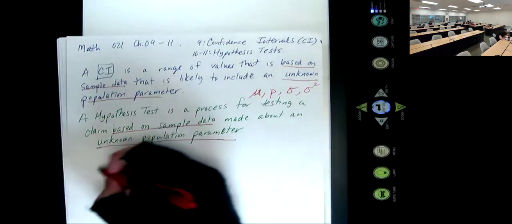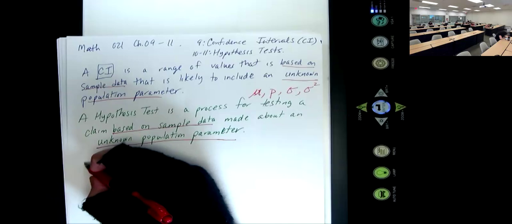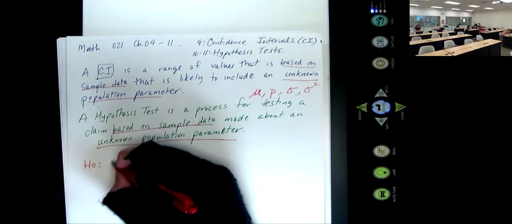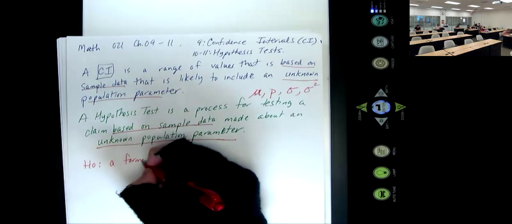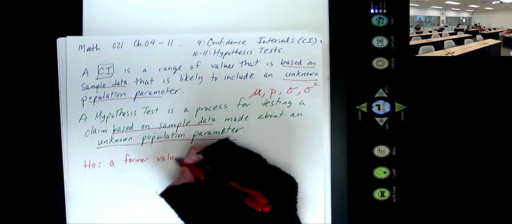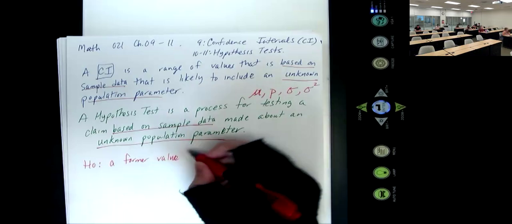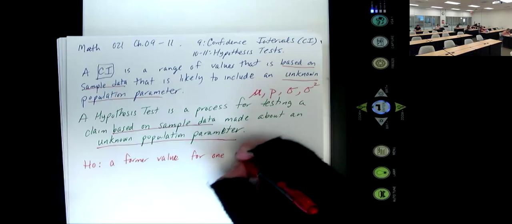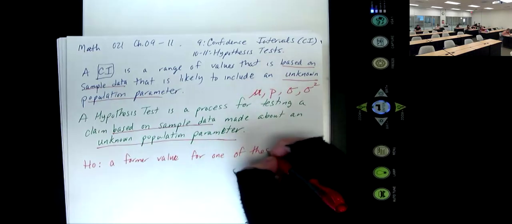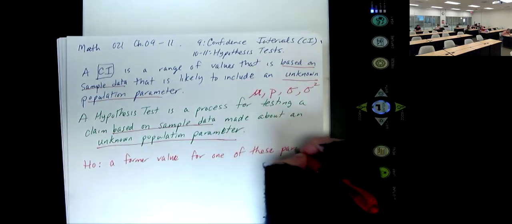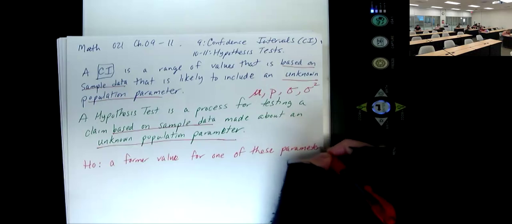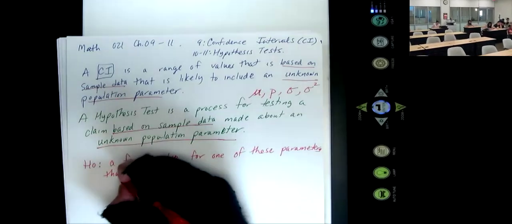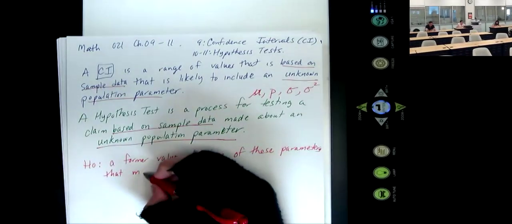The hypothesis test includes an H naught, which is a former value for one of these parameters that we think is wrong now, that may be inaccurate.